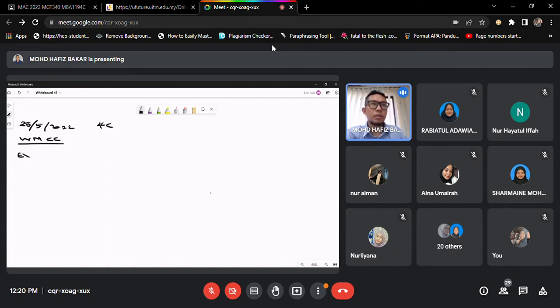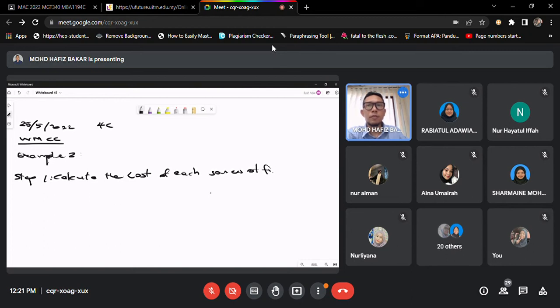We do example 2, step by step. Step number 1, you need to calculate the cost for each source of financing.